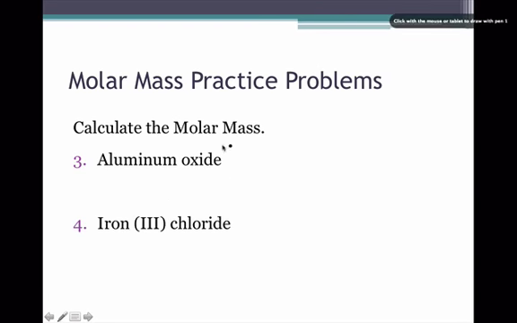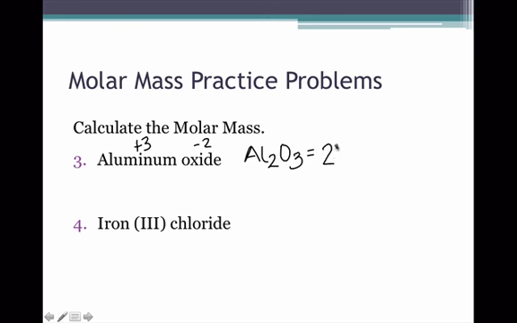And then our last ones here, aluminum oxide. Aluminum is a +3, oxygen is a -2. So the formula for this is going to be Al2O3. And then to figure out the molar mass, I have 2 aluminums, and looking on the periodic table for aluminum, it's 26.98 and then a bunch of other numbers.